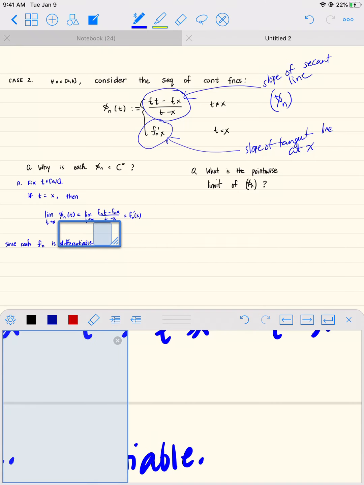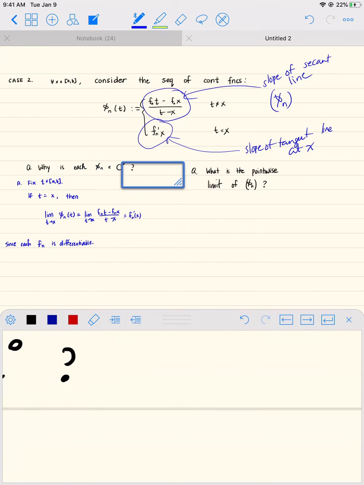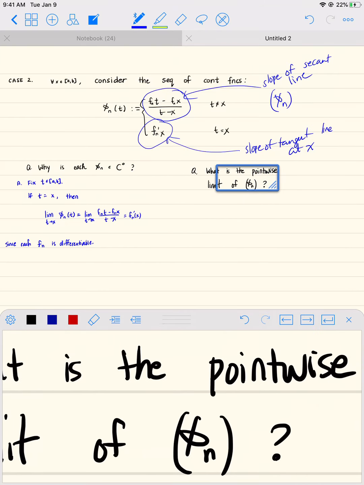Okay. So we now have the phi sub n's, they're continuous.